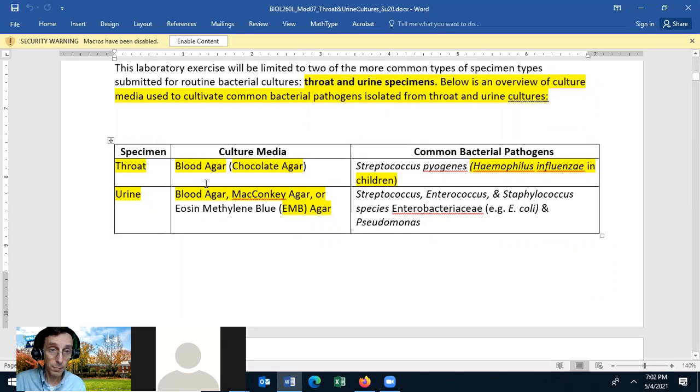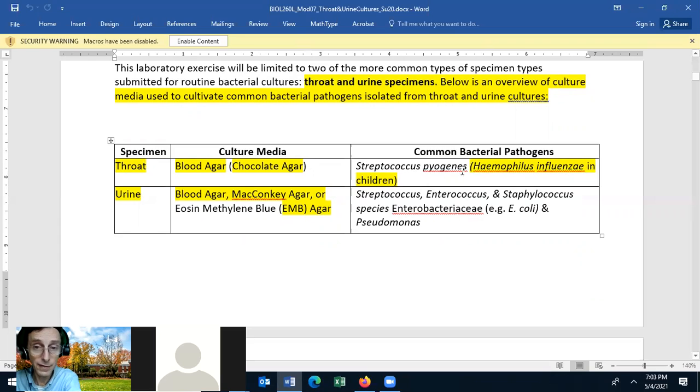From throat, blood agar is the most commonly used media for isolating throat cultures, largely Streptococcus pyogenes, but chocolate agar is also used to isolate Haemophilus influenzae, which is a bacteria commonly seen in the ear, nose, and throat of children, particularly small children and babies.